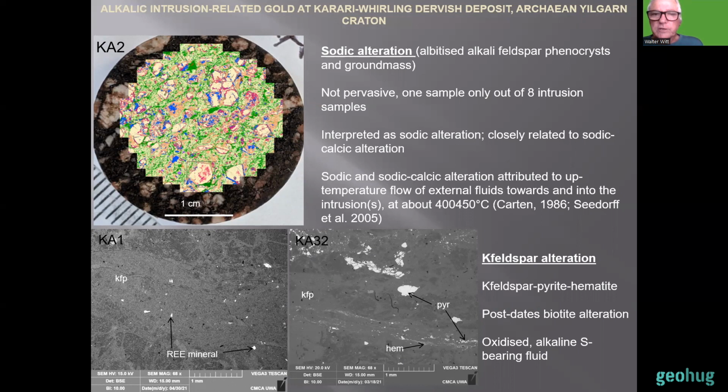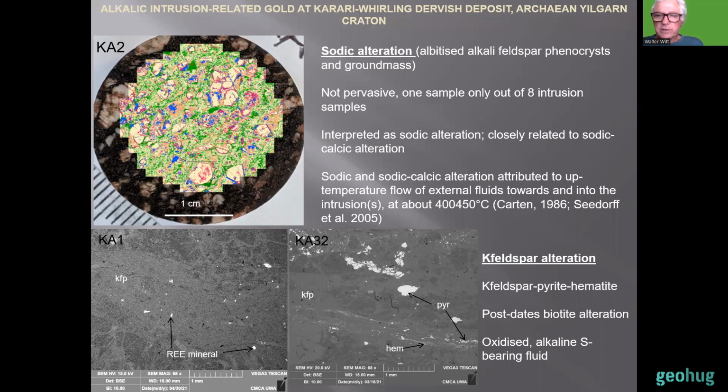This sort of alteration is observed in other intrusion-related systems, including porphyry deposits, and is believed to take place at about 400 to 450 degrees centigrade.